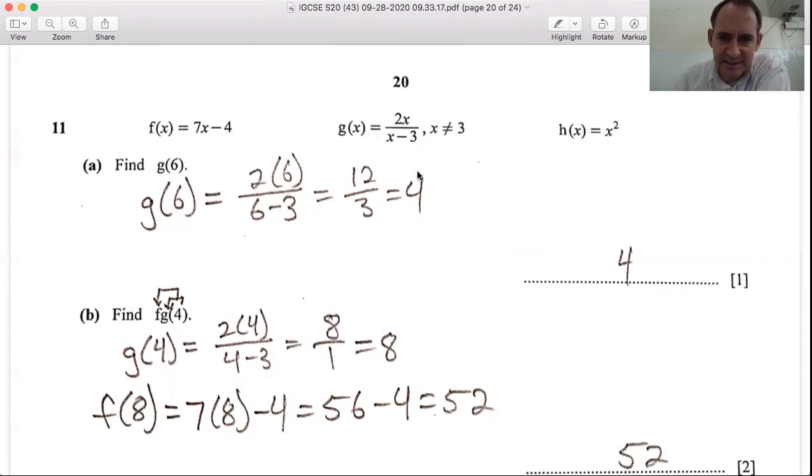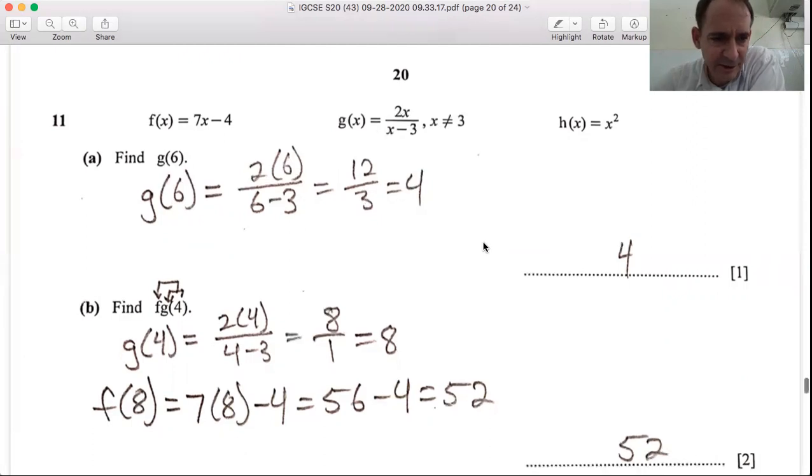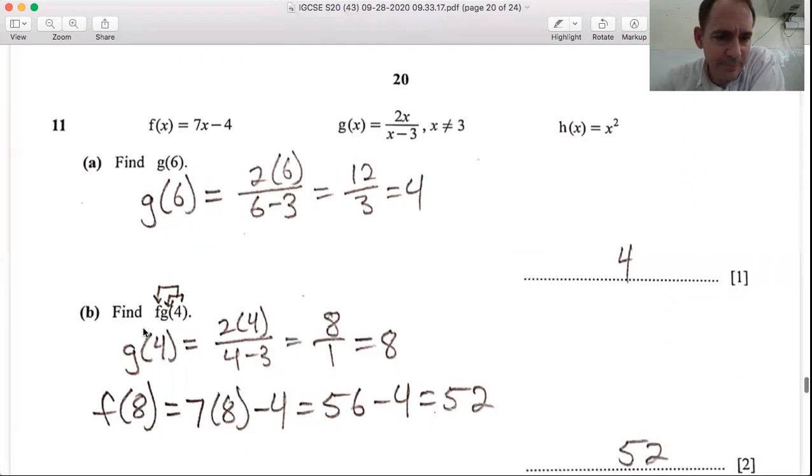So we take 6 and plug it into the x's in the g function. So we get 2 times 6, which is 12, over 6 minus 3. And so 12 divided by 3 is 4. 4 is that answer. For part B, find, here's a composite function, f of g of 4.